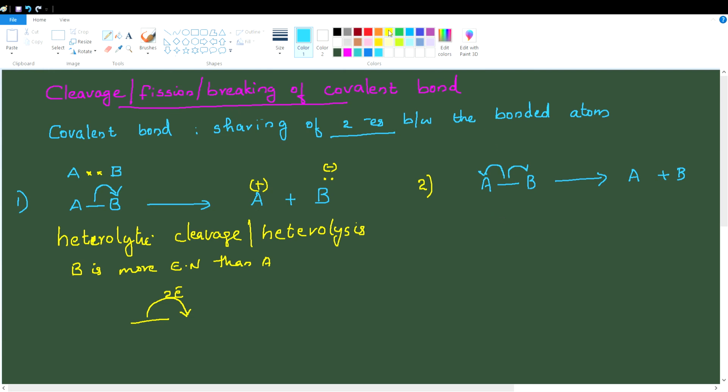This half-headed arrow represents the movement of a single electron from the bond to the atom.